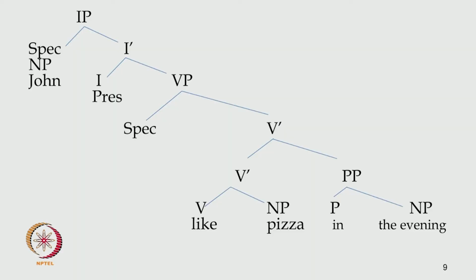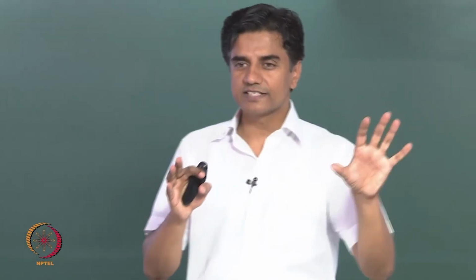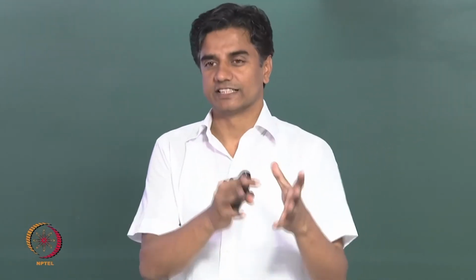Now look at the whole sentence. We are calling the whole sentence an IP, right? You can call it anything. Even if we call it S, it doesn't matter much. The practice is, even when you put S at the top, in the branching people go with I bar and I. The idea is not to put S bar and S, because S represents the sentence and not a phrase.